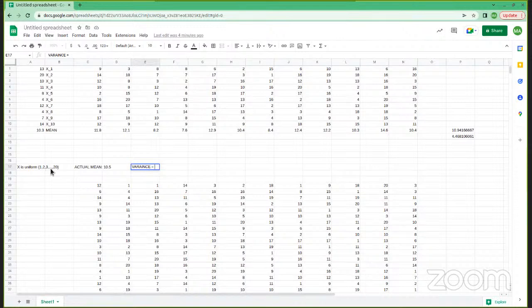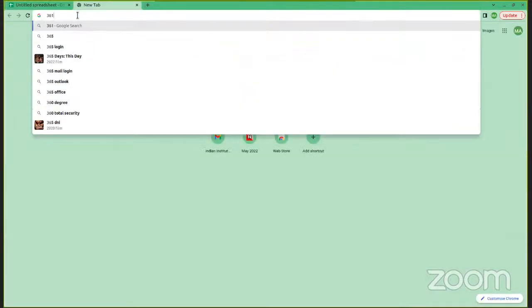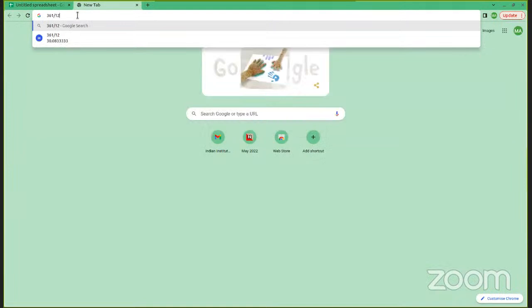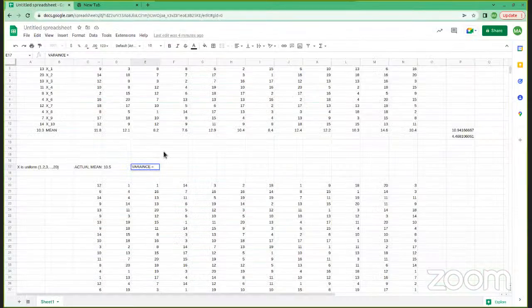B minus A is 19. What is 19 square? 361. So 361 by 12 is 30.0833.